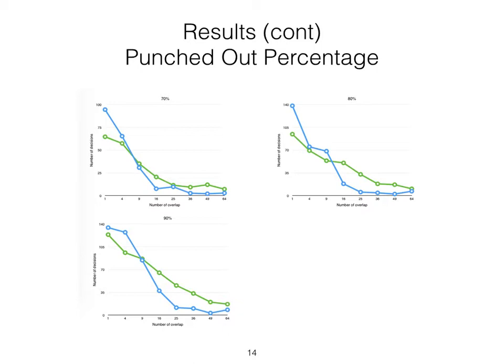Two things. When the punched out percentage is higher, the blue and green line need to make more decisions. This makes sense because there is less information in the sudoku, so there are more clauses, and more clauses will result in more decisions. Another thing we noticed is that the number of decisions is lower for the blue line than the green line in high number of overlaps.